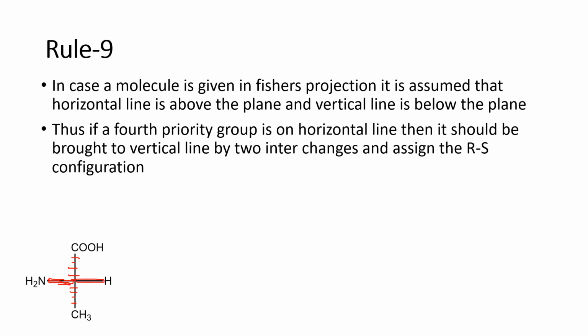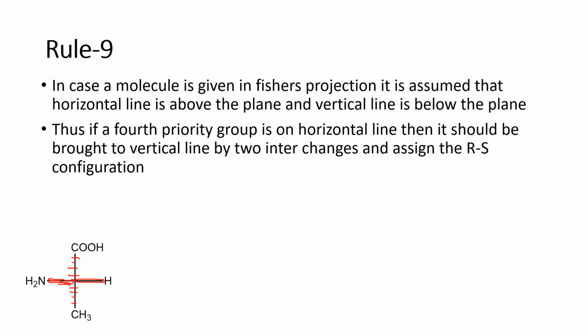The horizontal line indicates the front, and the vertical line indicates the back. So, as I said previously, the hydrogen should be on the back side. That means the fourth priority group should be present on the vertical line.